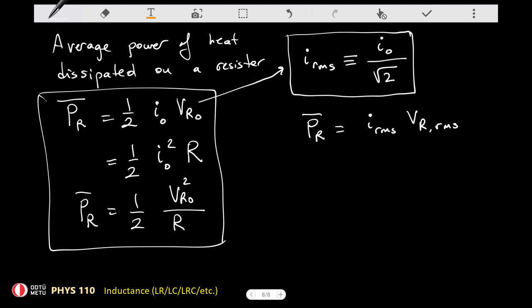That's basically the power that would be produced on the resistor if there was a DC current whose value is equal to that RMS value. Just keep in mind that people actually use the RMS values all the time, and in that case, you can write down these formulas like that. So you don't have a 1/2 factor in such a situation.